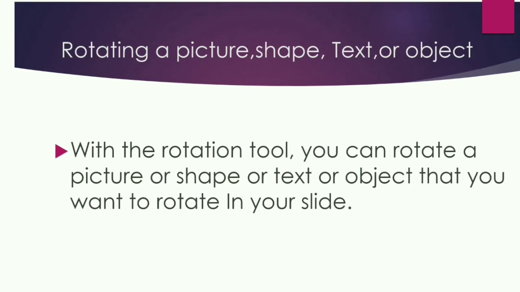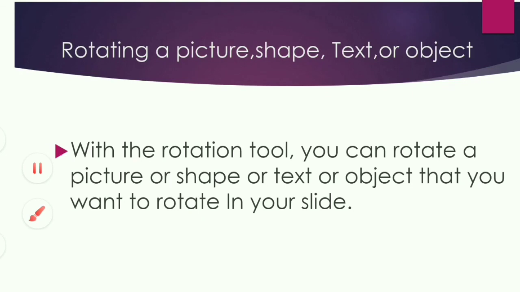Next, rotating a picture, shape, text or object. With the meaning of rotation, you can rotate the view from top to bottom or from left to right. Okay, with the rotation tool, you can rotate a picture or shape or text or object that you want to rotate in a slide.